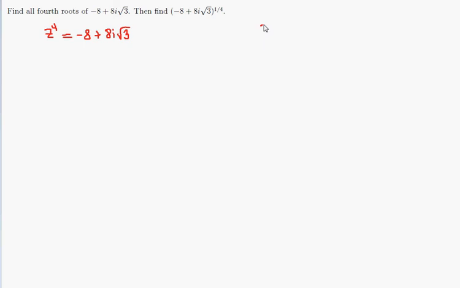Okay, so to do this, let's write z is equal to r e to the i theta. And so the left-hand side becomes r to the fourth times e to the 4i theta. The right-hand side becomes negative 8 plus 8i square root of 3.